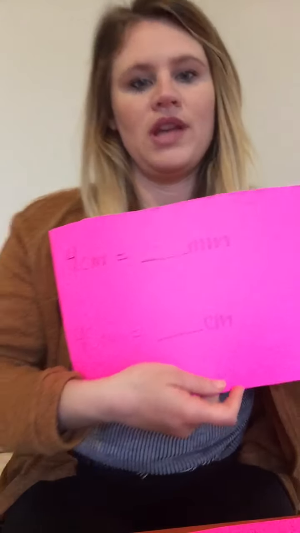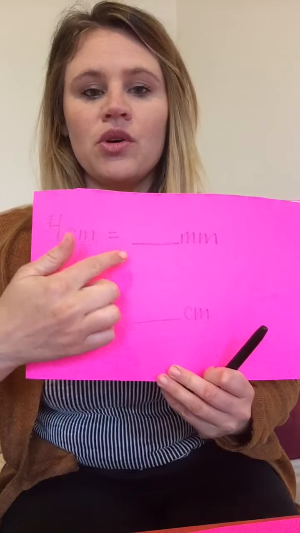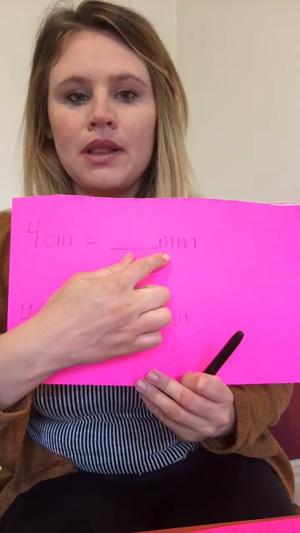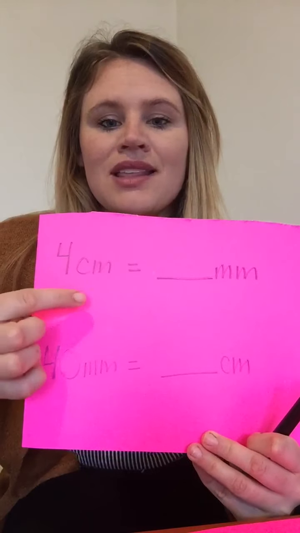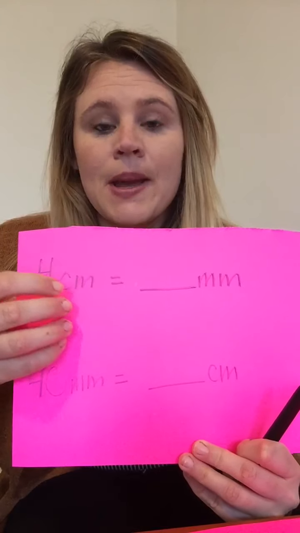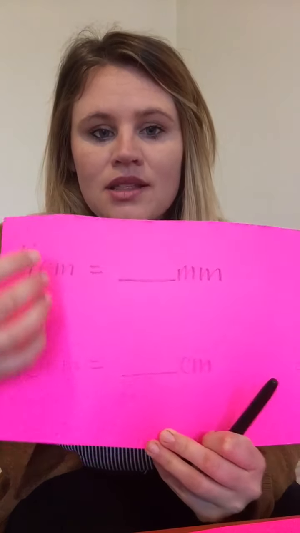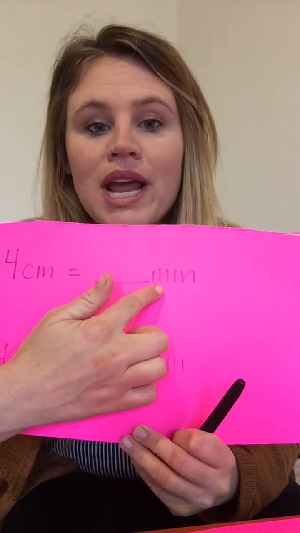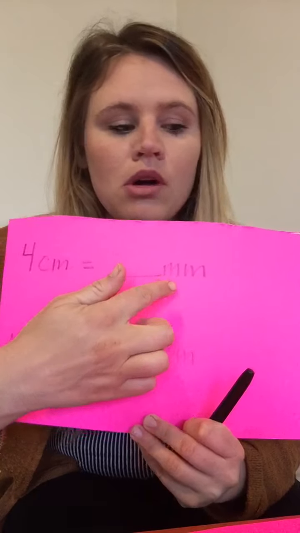So here we go. I'm going to start here with 4 centimeters is equal to how many millimeters? What I need to look at first is that the centimeter, which is cm, is going to be a bigger unit or a bigger measurement than millimeters. Whenever it's going from bigger to smaller, you're going to multiply.